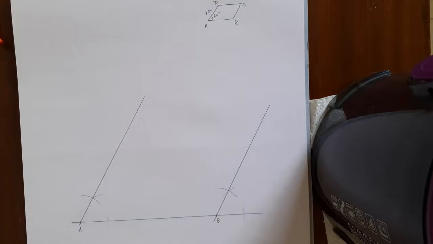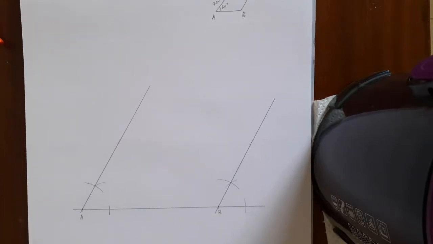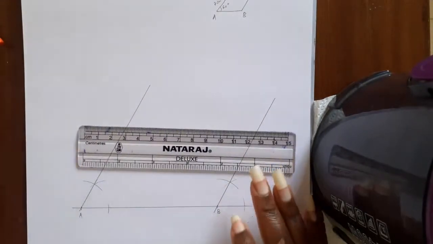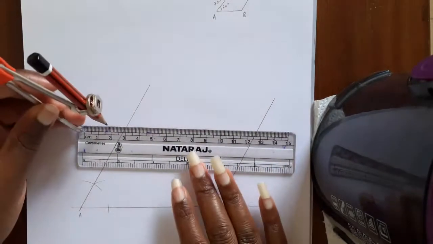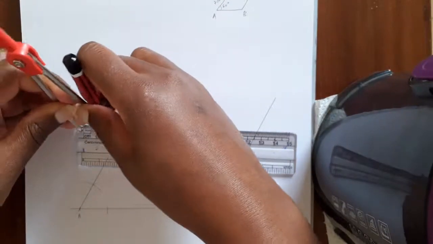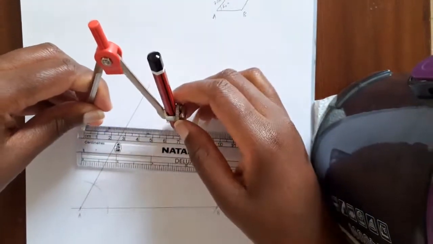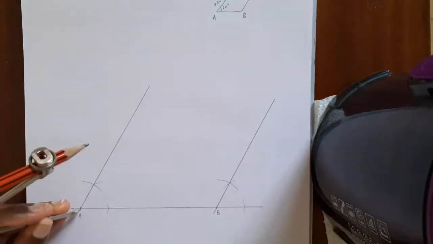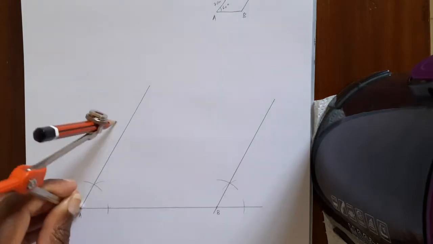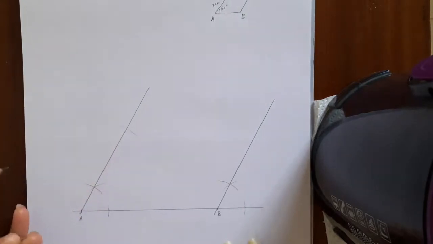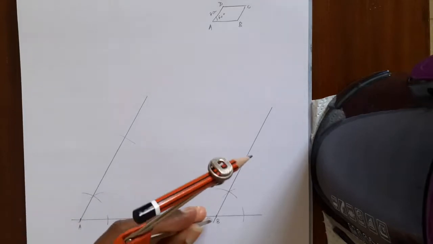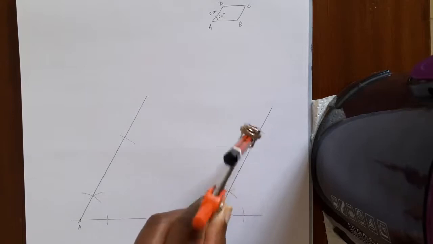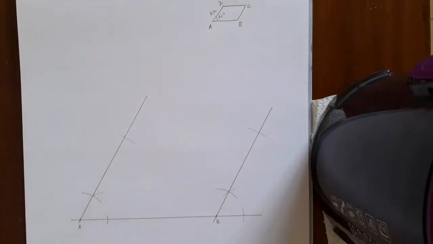Then you measure 7 centimeters. You will use your pair of compasses. You mark, and you mark also where we have point C. Then you join the 2 points.